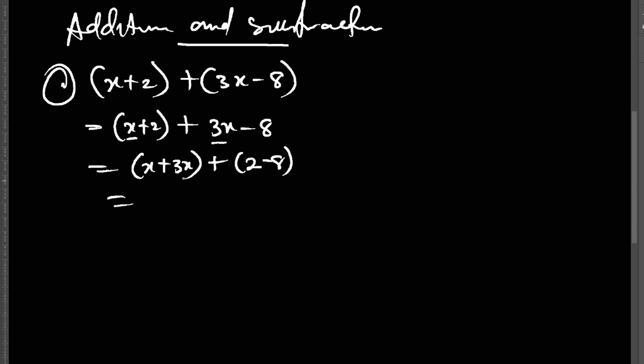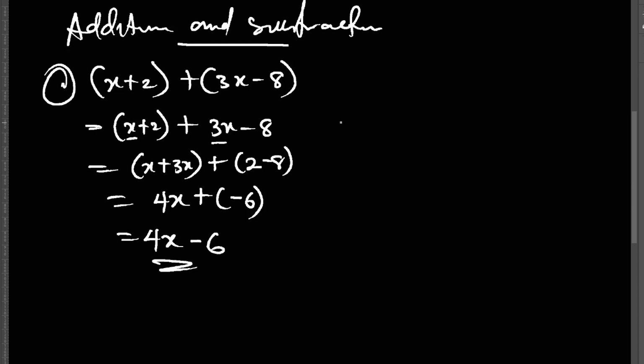So if I have it like this, my result will be 4x, then 2 minus 8 will give me plus minus 6. Plus times minus will give me minus, and I have 4x minus 6. So this is the result of the addition of x plus 2 plus 3x minus 8.